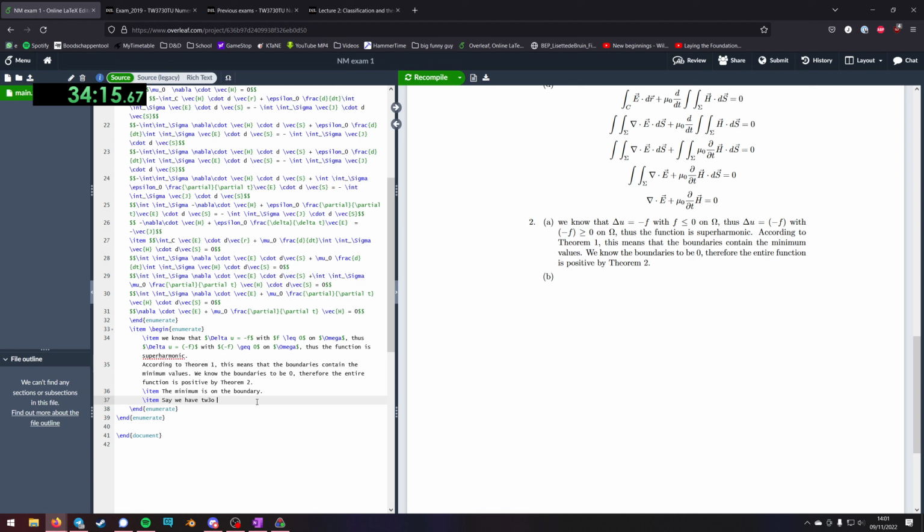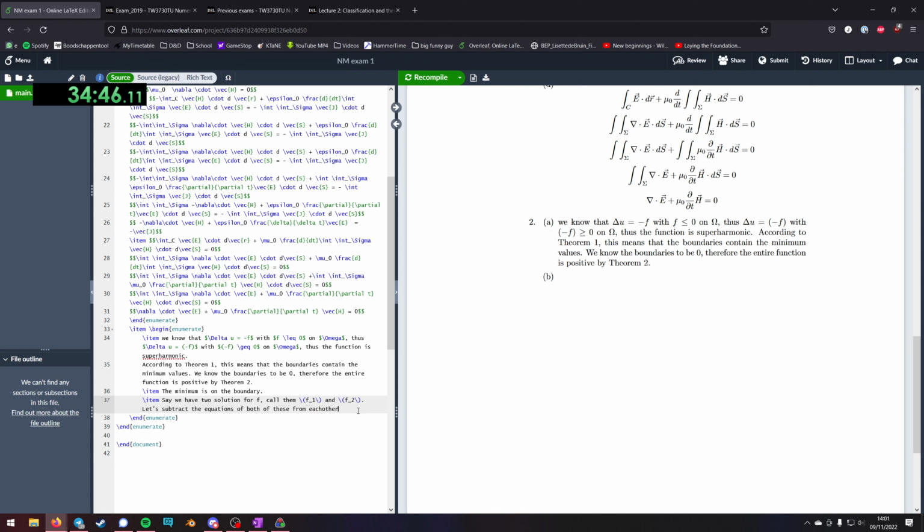Say we have two solutions for f, call them f1 and f2. Let's subtract the solutions of both of these from each other, or the equations.